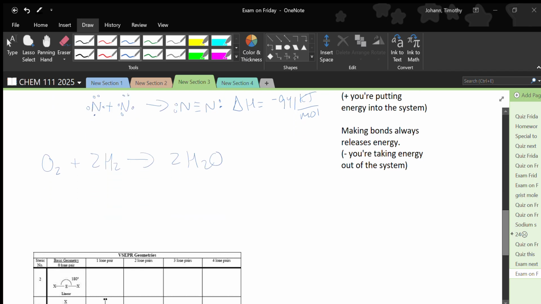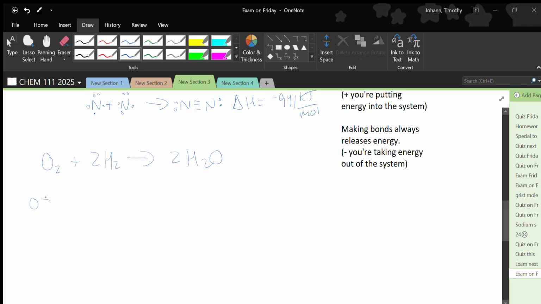And if I was to draw that doing our Lewis dot structures, we would have oxygen like that, plus 2 hydrogens, a diatomic hydrogen, and then we're going to make 2 waters out of that. The waters look like this. I'm going to actually draw them in their bent shape. We're going to talk more about shapes today again. Shapes are super important, okay? So we have that.